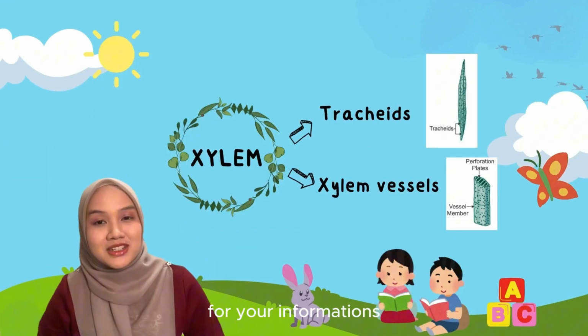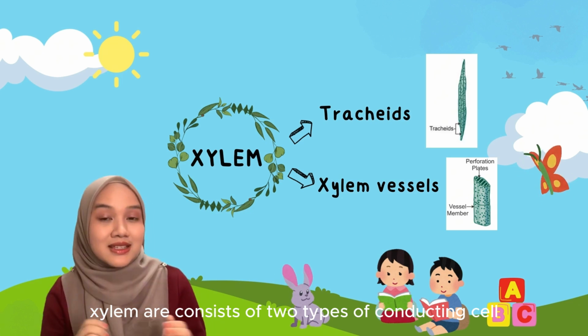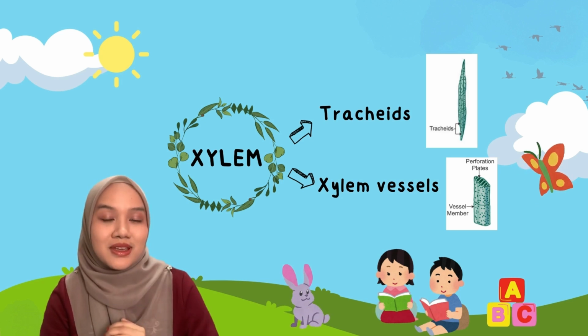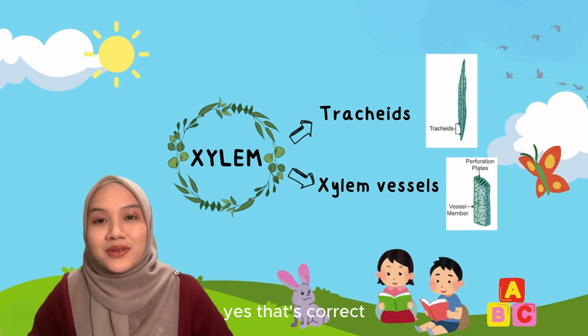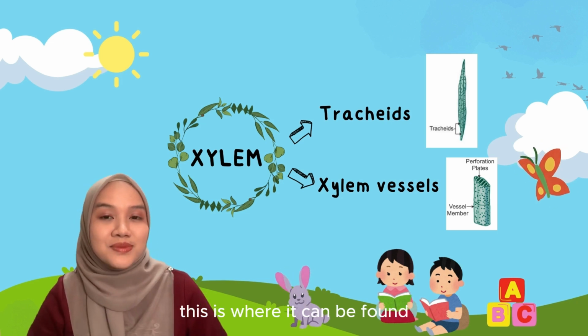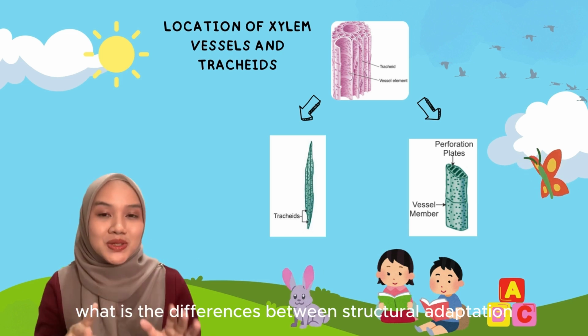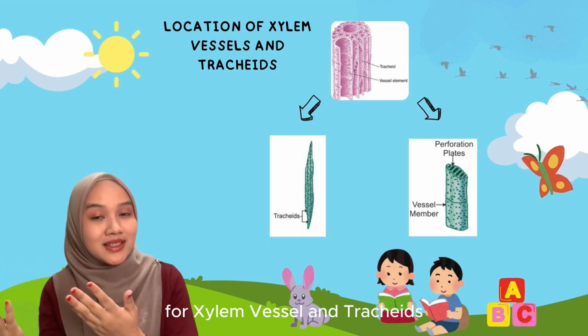For your information, xylem consists of two types of conducting cells, which are tracheids and xylem vessels. Can you see there is xylem vessel? Yes, that's correct. This is where it can be found. So what are the differences between structural adaptations for xylem vessel and tracheids?